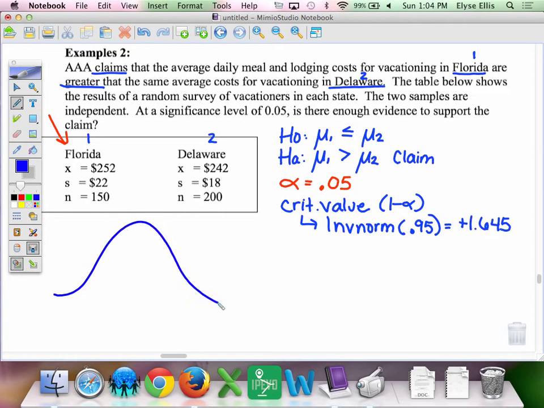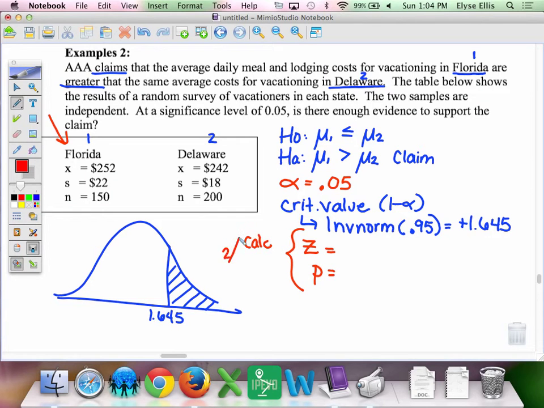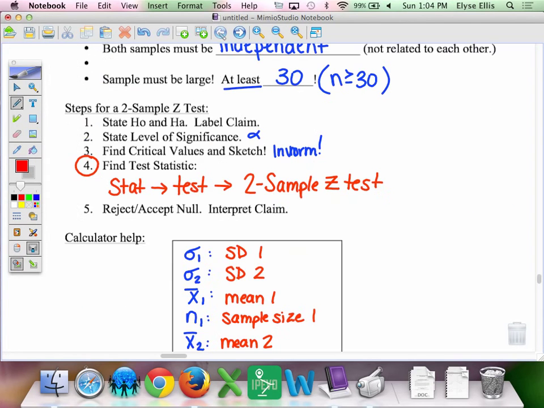If you are right-tailed, you should be getting a positive critical value. When I start my sketch then, right-tailed, shading to the right with a positive 1.645. Then I can go to my calculator to find my test stat and my p-value.